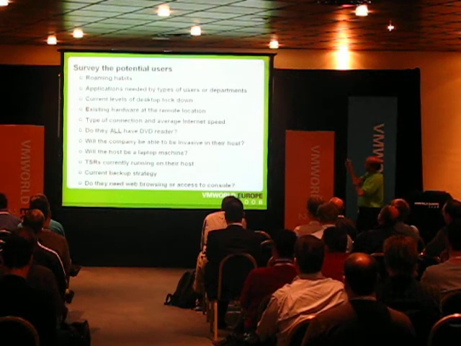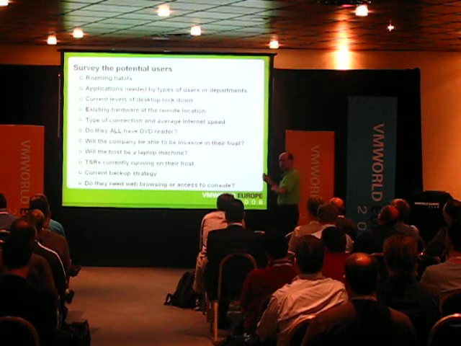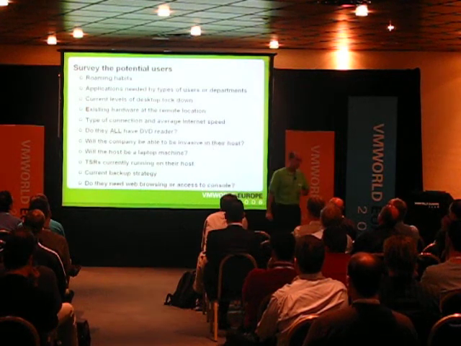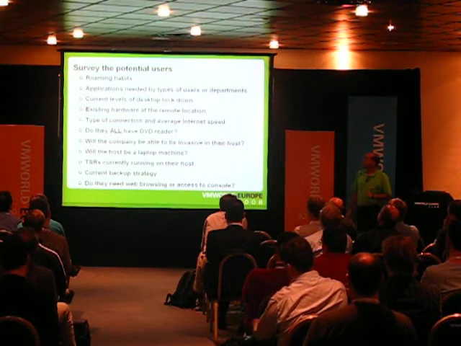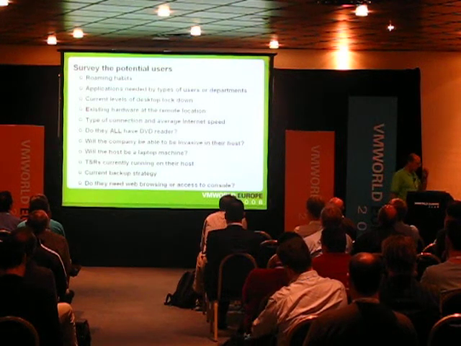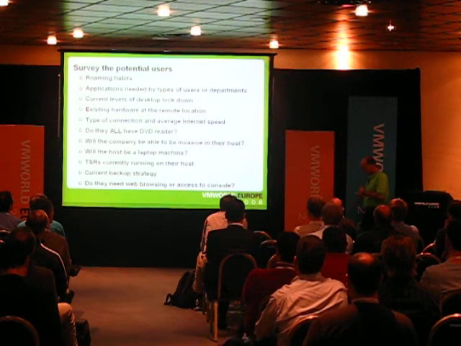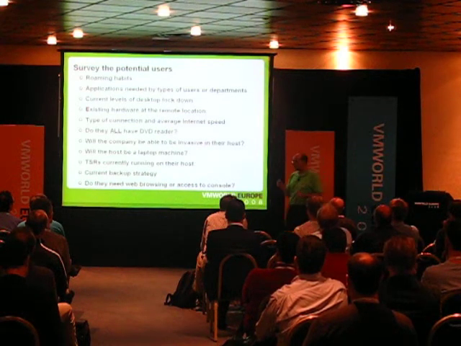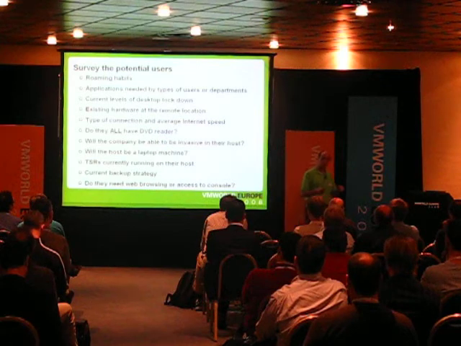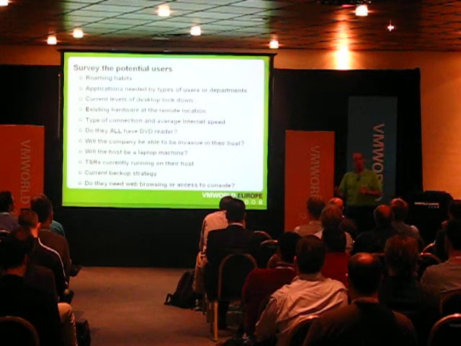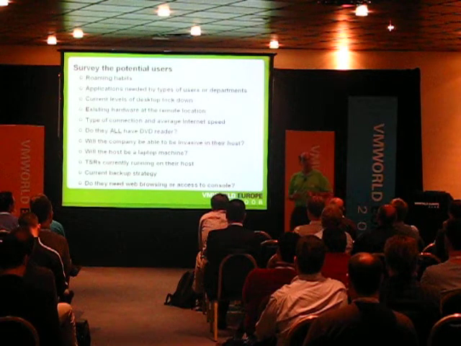So, when you're surveying the potential users, trying to gather information, this is the type of questions you should have in your mind. You should think about roaming habits. I mean, are these users going to be flying all over and hooking up from airports, or are they going to be users connecting from their home? That's going to affect the choice of media they're going to use, right?